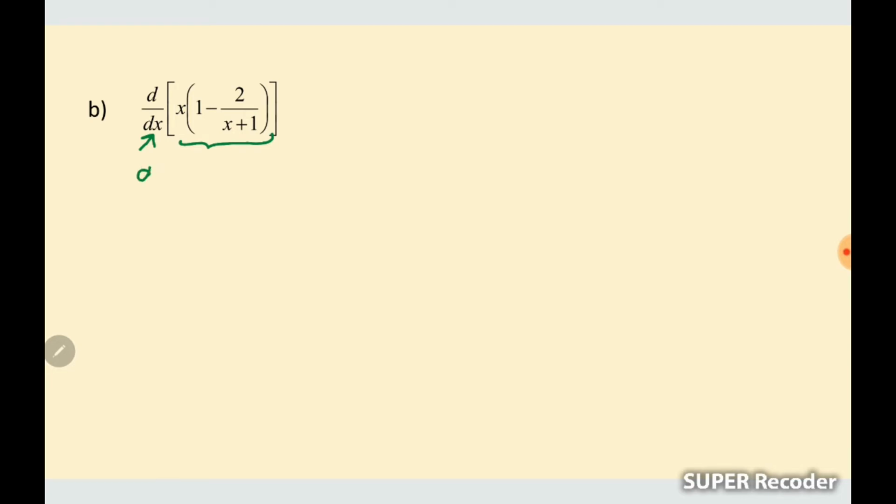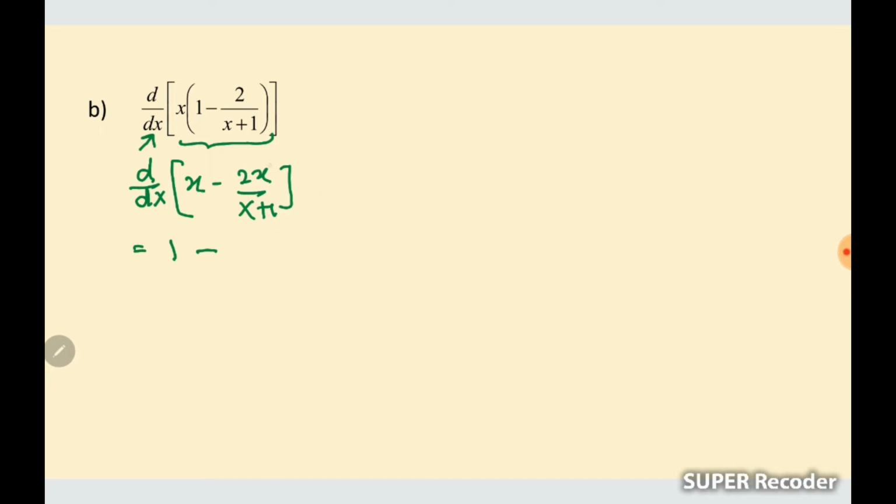So now differentiate x minus 2x over x plus 1. I expand x here, so you have to differentiate each term. Differentiate x with respect to x, you get 1, minus the derivative of 2x over x plus 1.